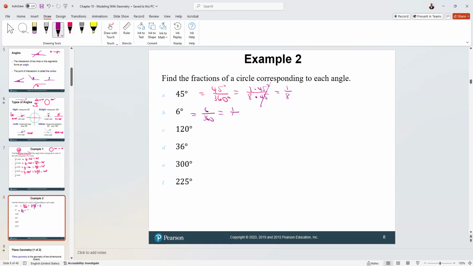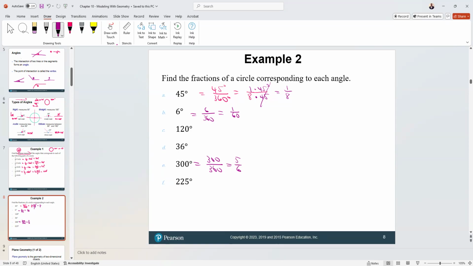So 1 over 60 for this one. If you have 300 over 360, that will give you 5 over 6.